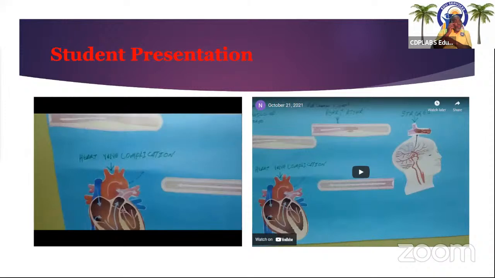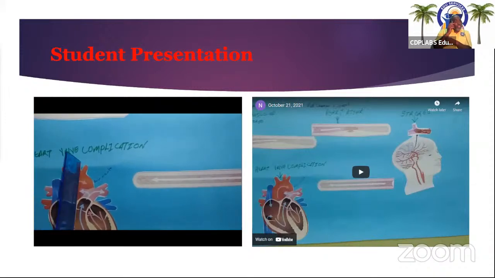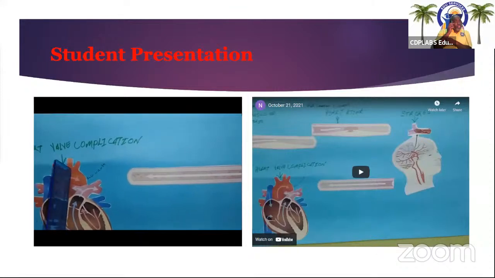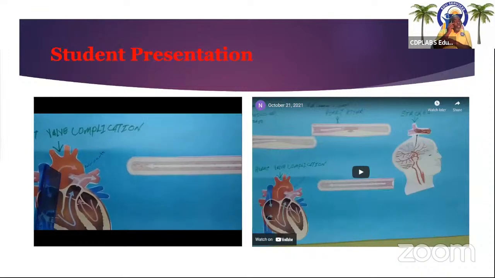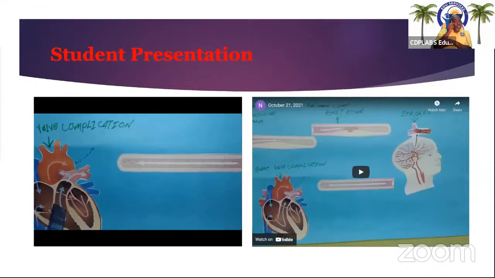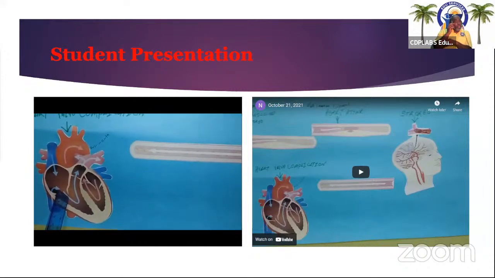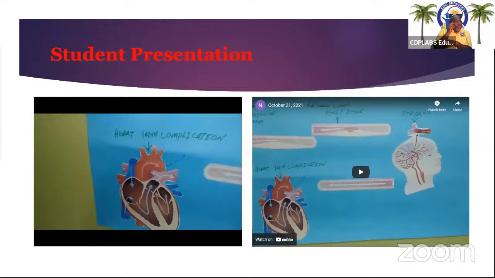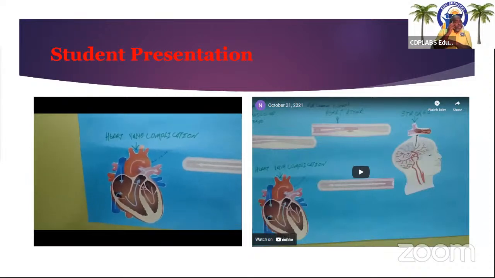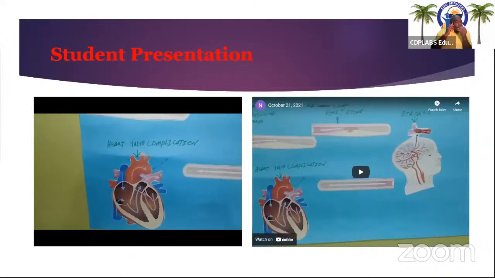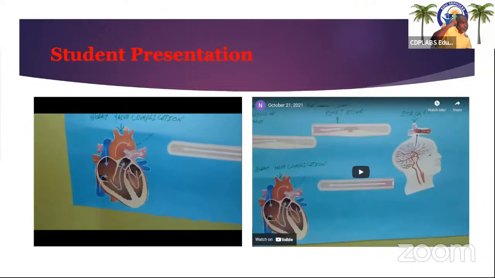So when this little thing here is not closed properly, the blood basically comes back down and goes back into the atrium, back into the ventricle, and then back to the lungs.